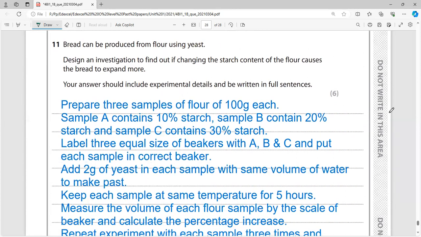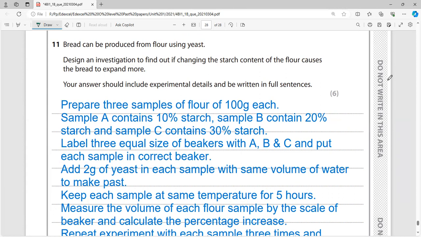Bread can be produced from flour using yeast. So design an investigation to find out whether changing the starch concentration of the flour causes the bread to expand more. Your answer should include the experimental details written in full sentences. So now here, you need to design an experiment.